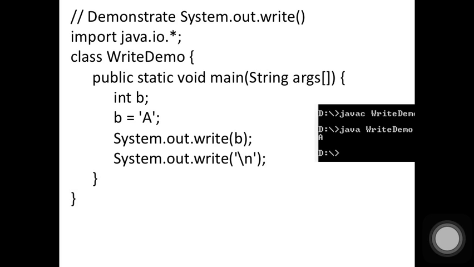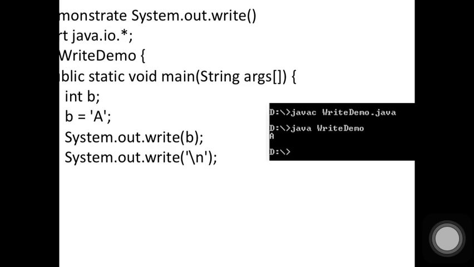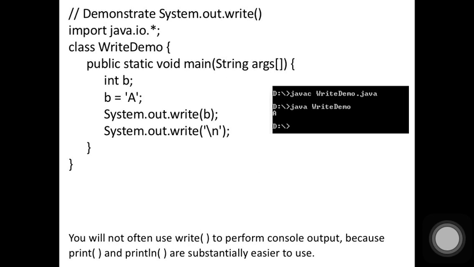Here you represent it with the write statement. It simply shows the value a on the screen, and whenever you want a new line character, use \n. But instead of using write to perform console output, it is better to use print and println. These are simpler to use compared to the write statement.